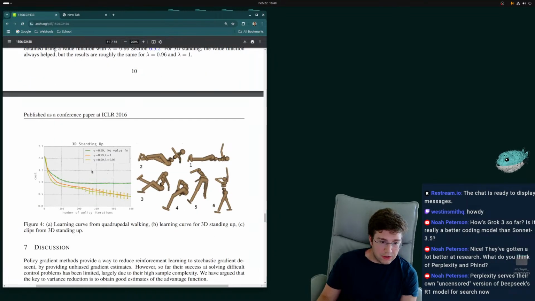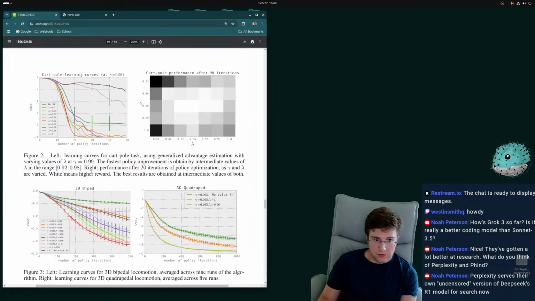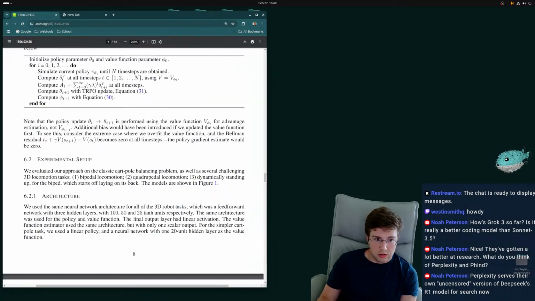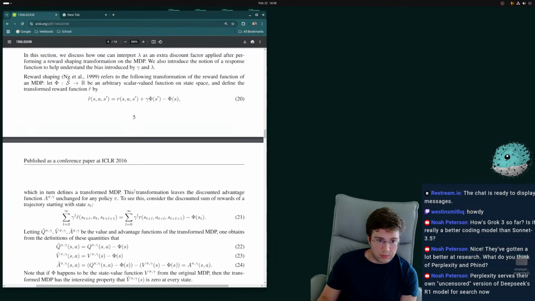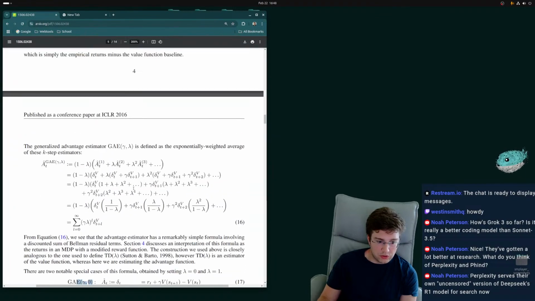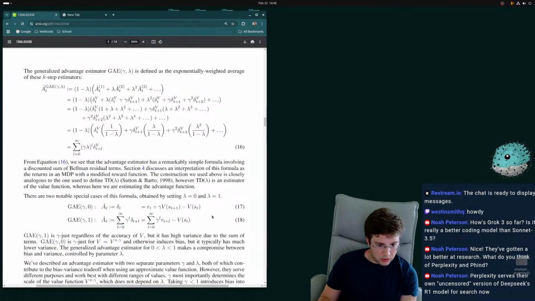Based on the values of lambda that are common, it seems like you mostly want the lambda equals 1 formula. This just interpolates between the two. So you mostly want this one, but a little bit of this one. The problem is this one has the discount factor on it.